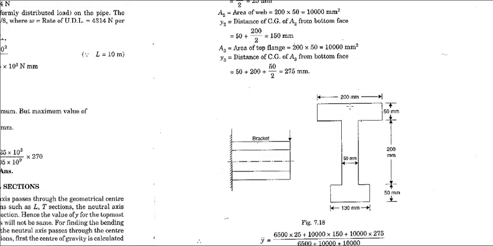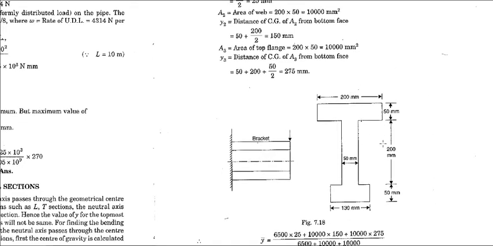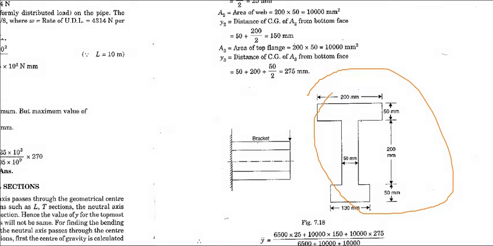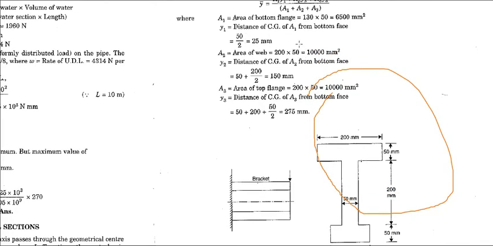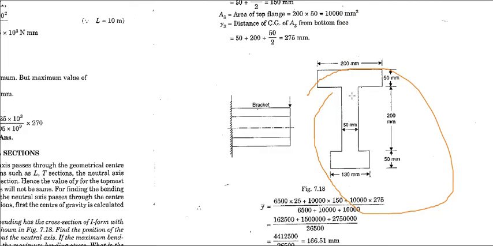At first we are going to find out at which place the CG of this unsymmetrical I section will lie. So we are going to use the formula for y bar, put in the values of these unknown quantities, and then you can determine the CG of this I section.